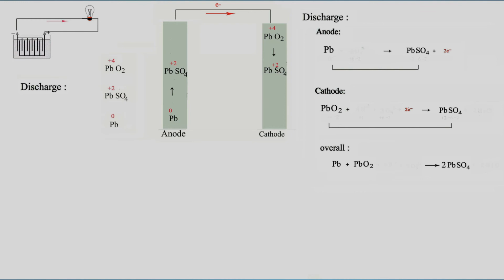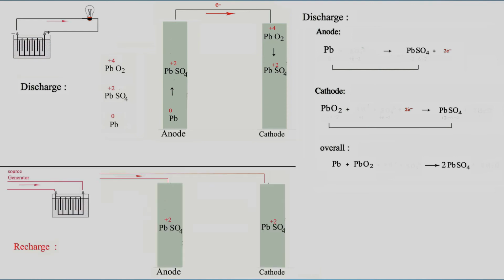Now, student, please understand this oxidation state change, because this will help you determine which one oxidizes, which one reduces, which one is the anode, and which one is the cathode.